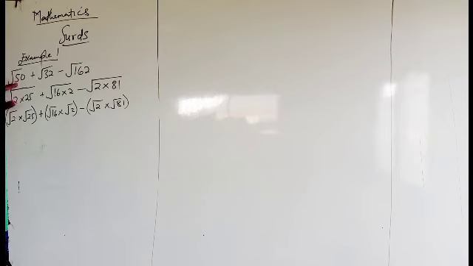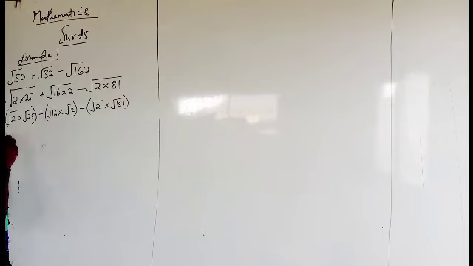With root 50, as I was explaining, root 50 will be root 25 times root 2, 25 times 2 giving us 50. Then 32 is 16 times 2, giving us 32. Then 2 times 81 gives us 162. In this step, I gave separate roots so we can solve this.